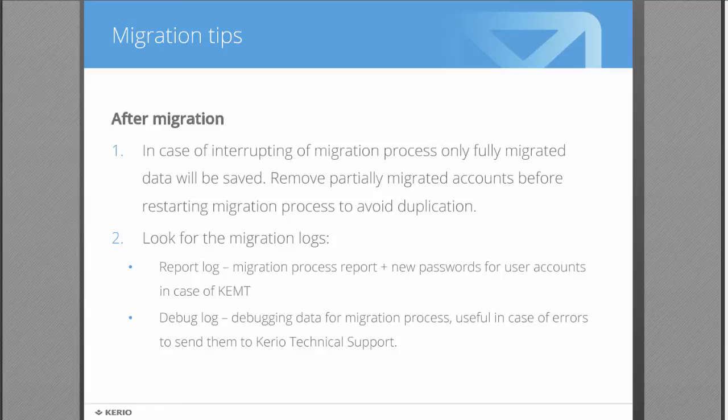After the migration, you do need to check if there are problems. Problems will be written in the logs, anything from things not going right, passwords, and not all mail having been imported from a specific user.